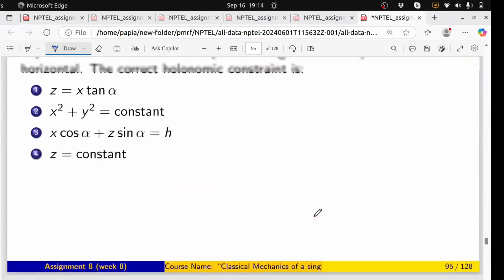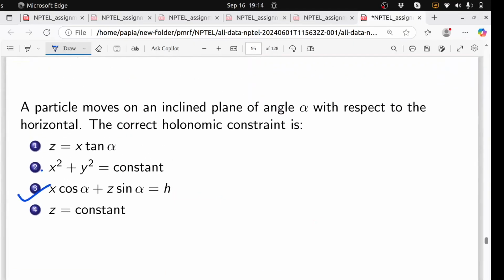So now we can see the option x cos alpha plus z sin alpha equals h. Now coming to this one, it is a plane passing through the origin, which is of tan alpha, but it does not include an offset or a general position. It is true when the plane passes through the origin, but in that question they are not telling us that x equals 0 or something.